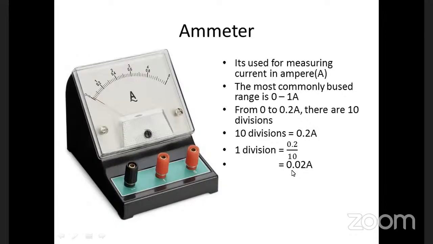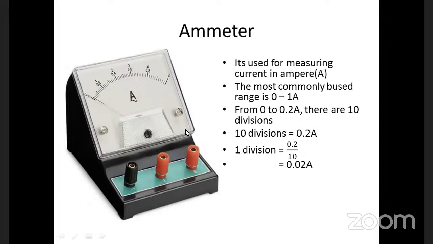There's going to be a time where you're going to be asked to use that from 0 to 1. So when you are using the range from 0 to 1, instead of 0 to 0.2, you now take the 0 to 1. From 0 to 1, there are 10 divisions, which means 10 divisions are now equal to the 1 ampere there.